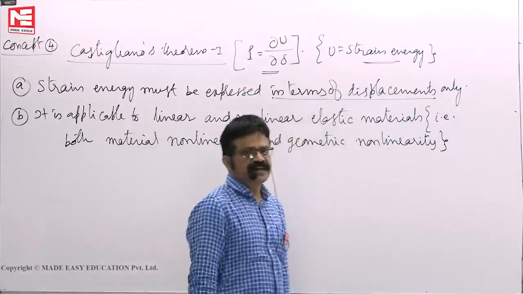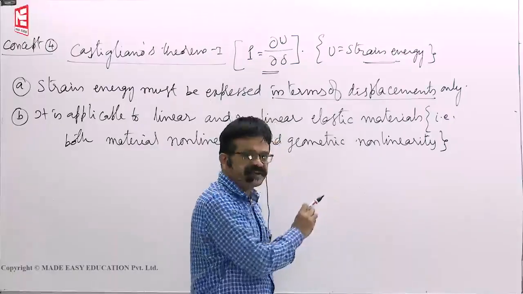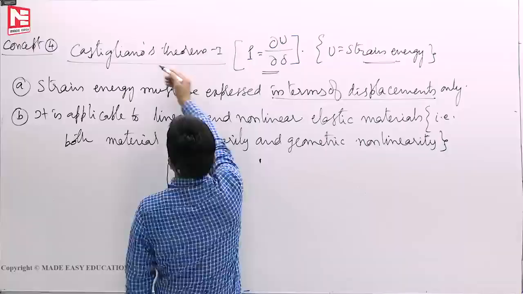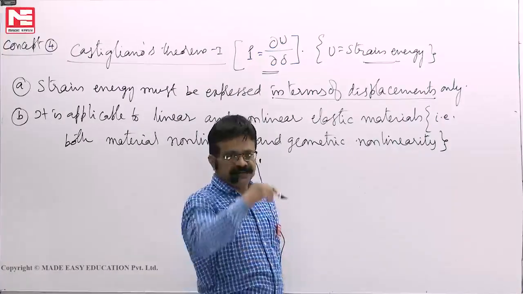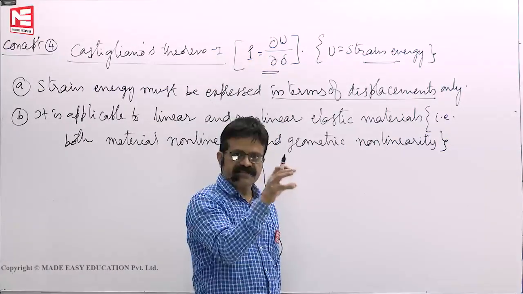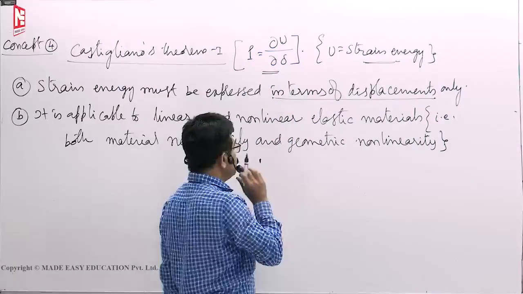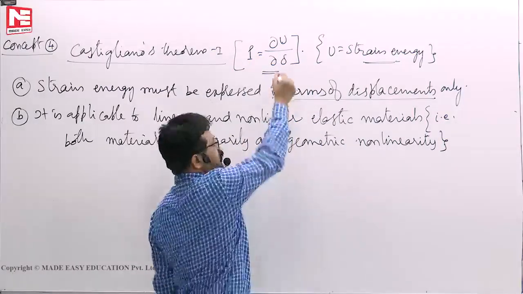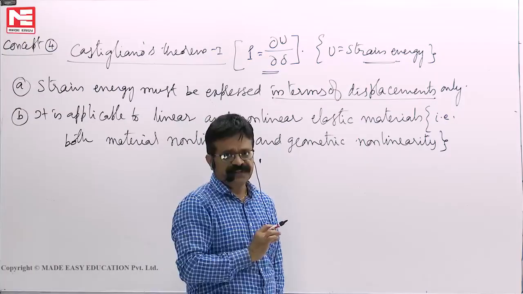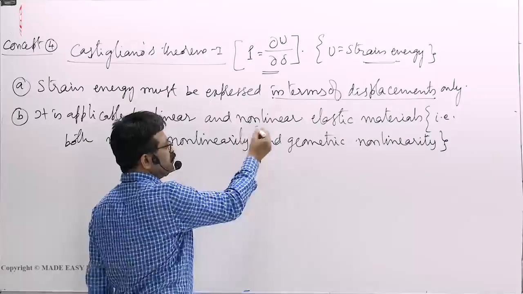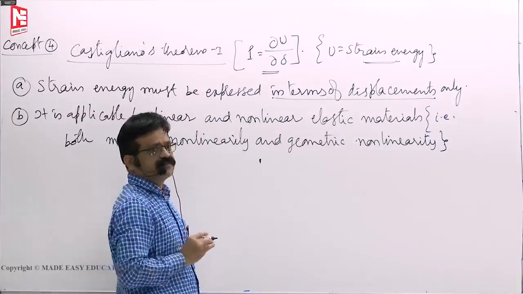If a structure or material has geometric nonlinearity and also material nonlinearity, still we can apply Castigliano's theorem 1. Because when you are differentiating the strain energy with respect to displacement, you get the load, and that comes from the law of conservation of energy, the derivation. So whether it is linear or nonlinear, you can apply theorem 1.